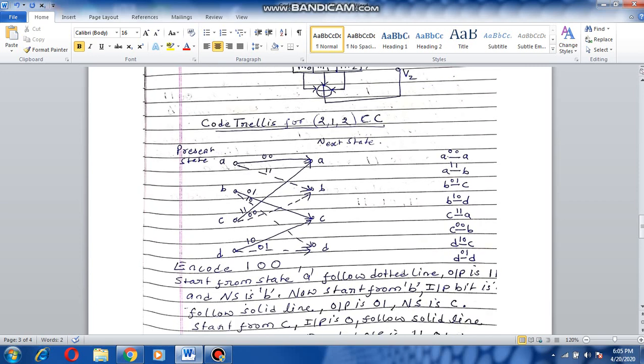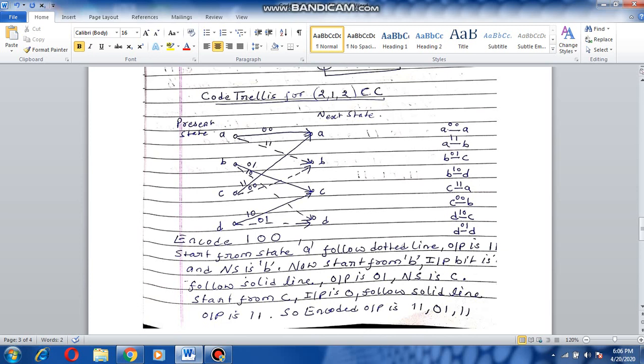On the left hand side we notate the present state A, B, C, D. On the right hand side we depict the next state A, B, C, D. The solid line depicts the change of the state when the incoming bit is 0, and the dotted line shows the transition when the input bit is 1.